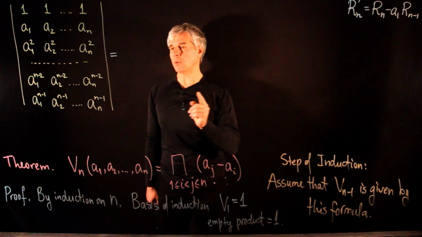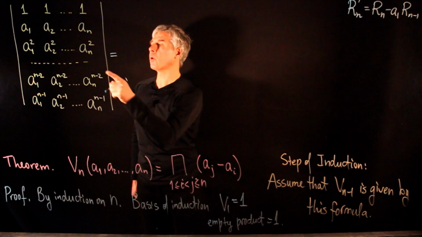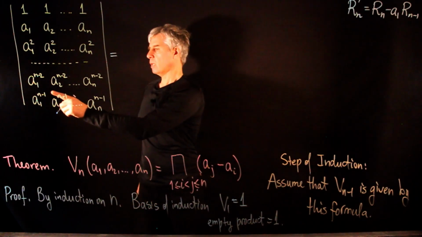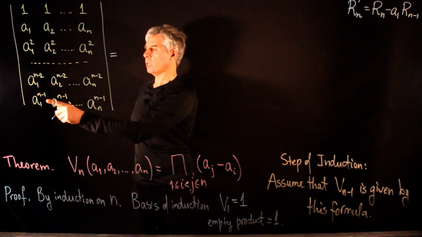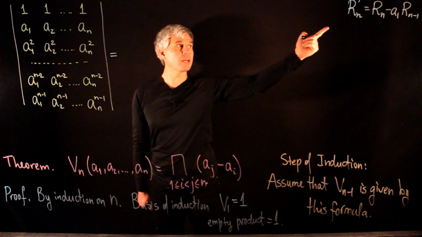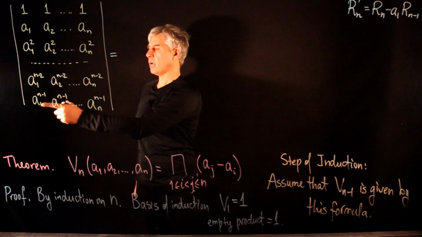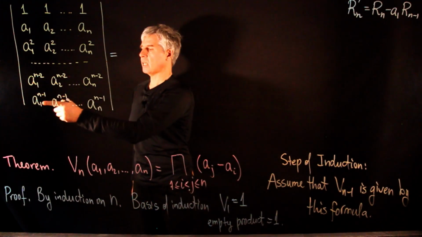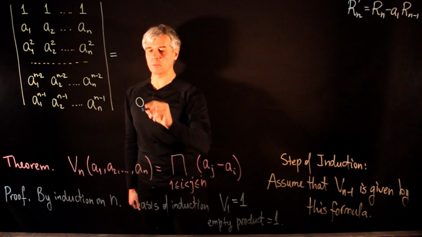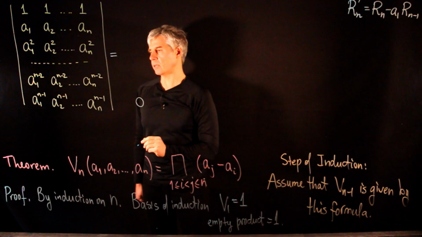So I'm going to write down only the last row, and all the previous rows are unchanged. In the first position, if we take a1 to the n minus 2 and multiply that by a1 and subtract this from a1 to the n minus 1, then we're going to get 0 in the bottom left corner.